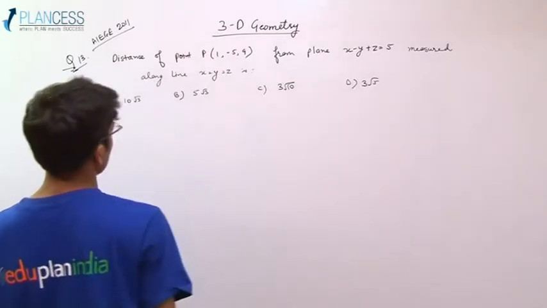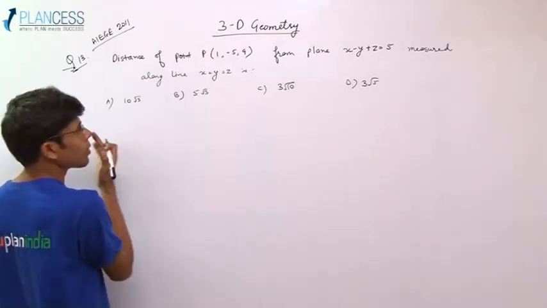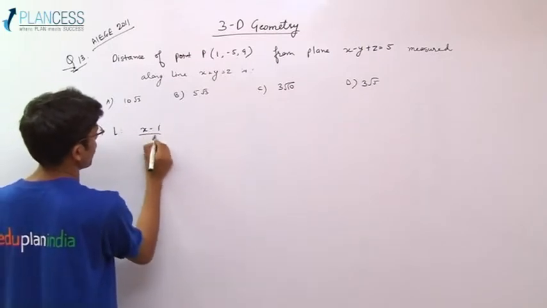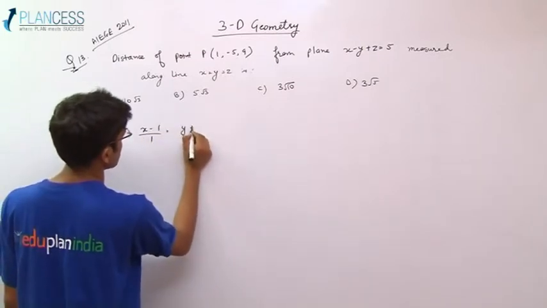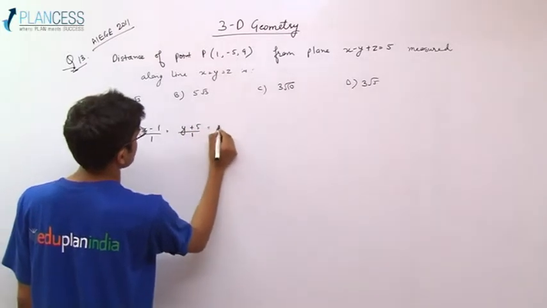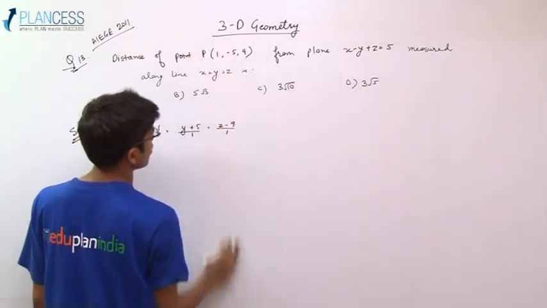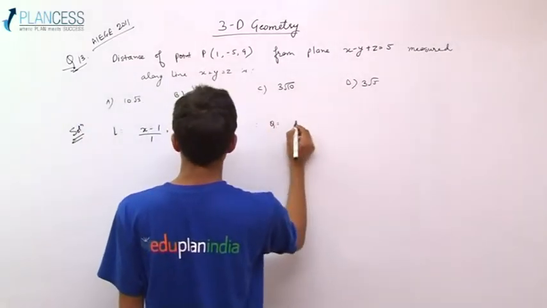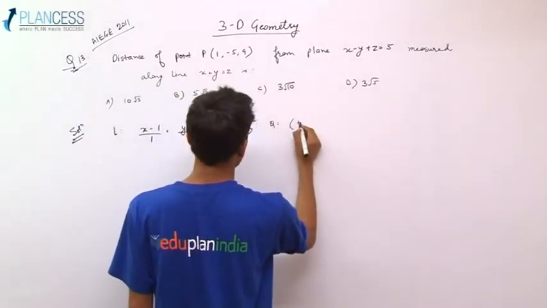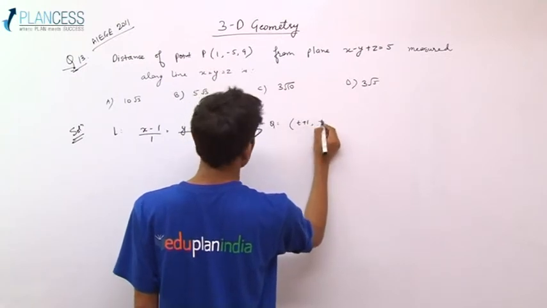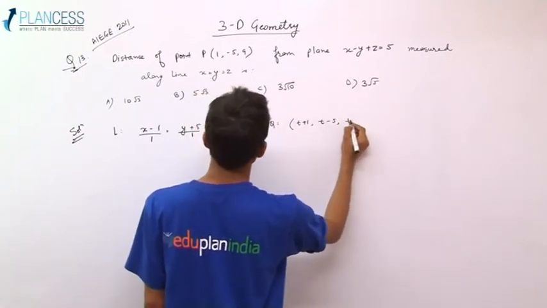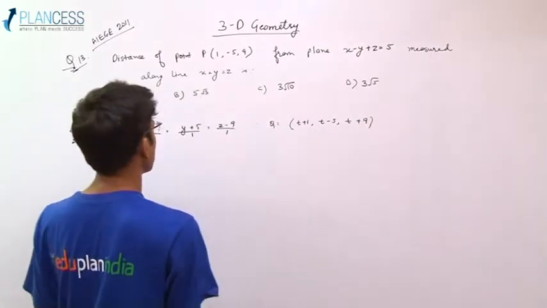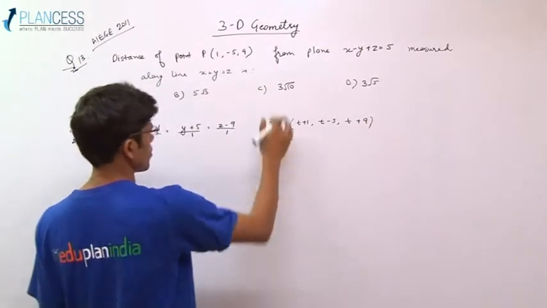Okay, so the line will be (x minus 1)/1 equals (y plus 5)/1 equals (z minus 9)/1. So any point on this line, say Q, is (t plus 1, t minus 5, t plus 9), and this point lies on the plane.